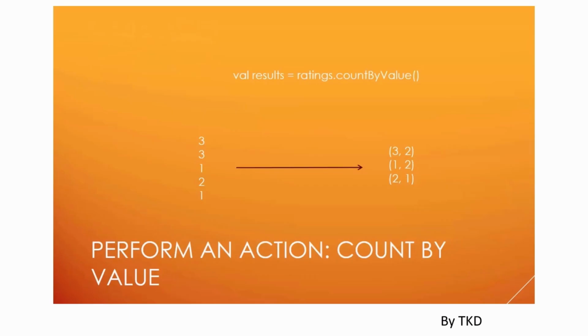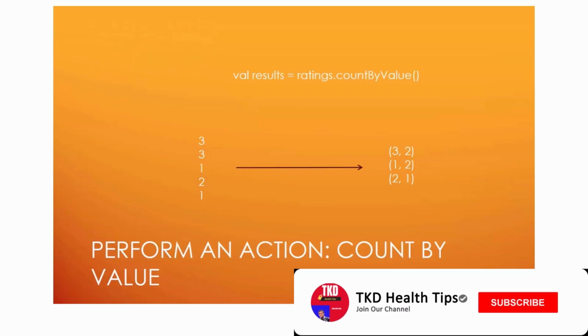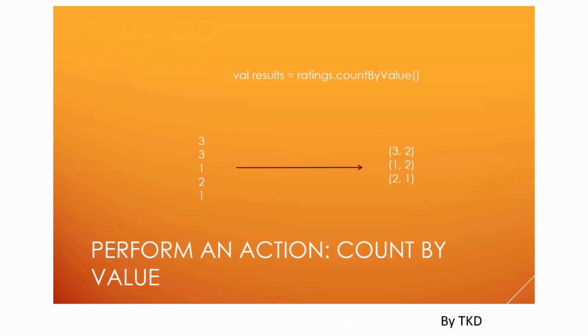So now what? Well, the end result we want is the count of each rating and how many times it occurs. Spark has this handy function called countByValue that will do this for you.